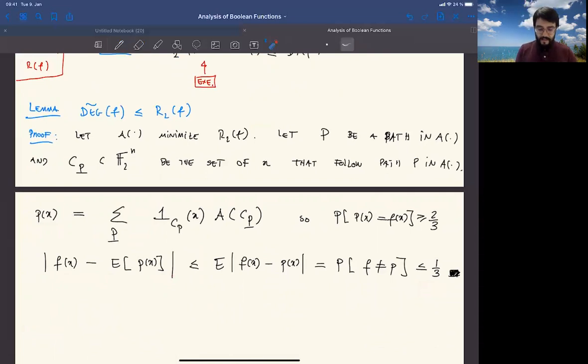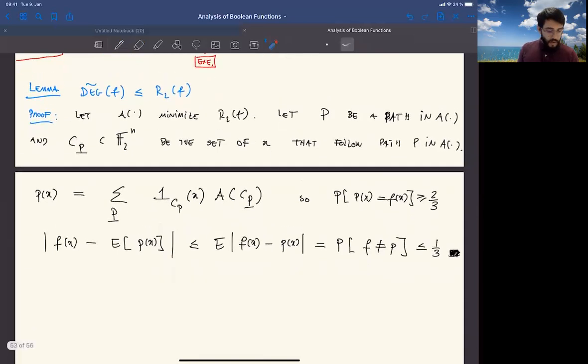It's not exactly that, because this is not an equality. However, it's sort of like this. Okay, let me state another lemma.